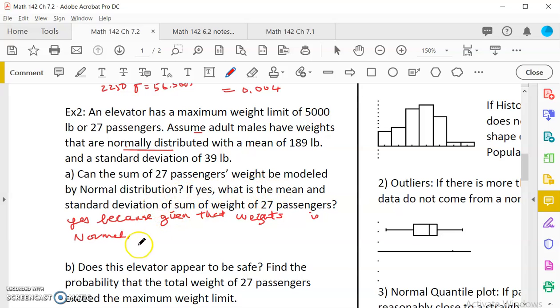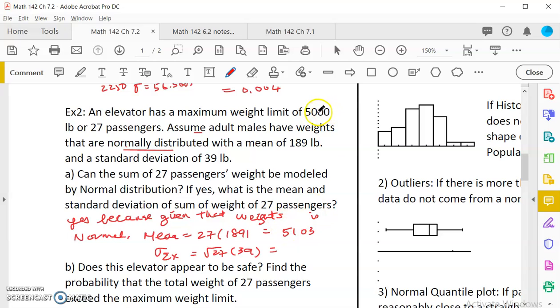If yes, what is the mean? The mean would be n times the original mean, so 27 times 189. The standard deviation of the sum, sigma x, would be the square root of 27 times 39. Let's calculate these two numbers. 27 times 189 is 5103.